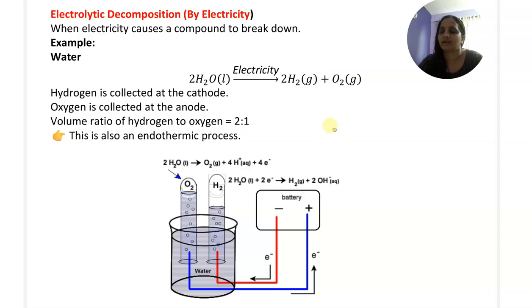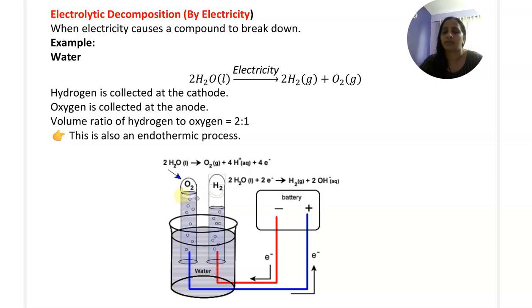So next is electrolytic decomposition. We are taking the example of electrolysis of water. For electrolysis of water, you have to take acidified water and two electrodes, anode and cathode. Using inverted water-filled test tubes, you can cover the electrodes.